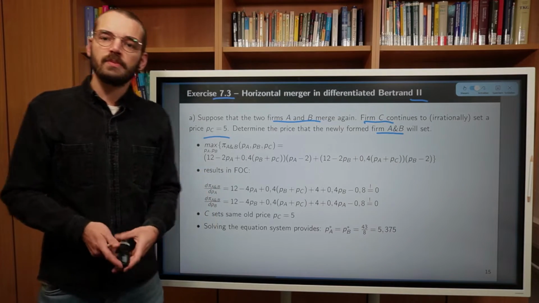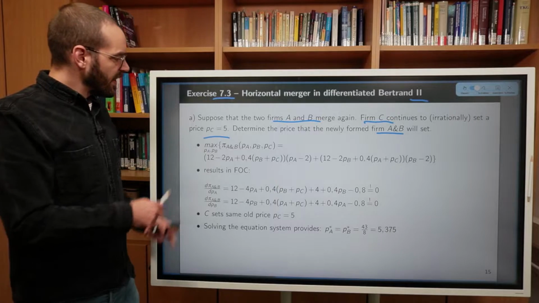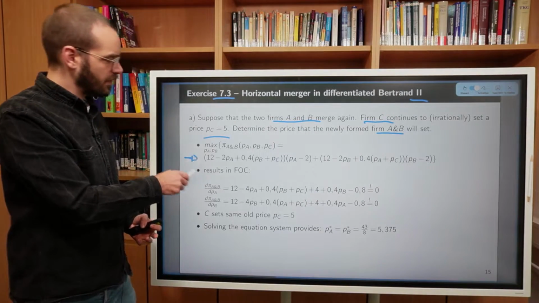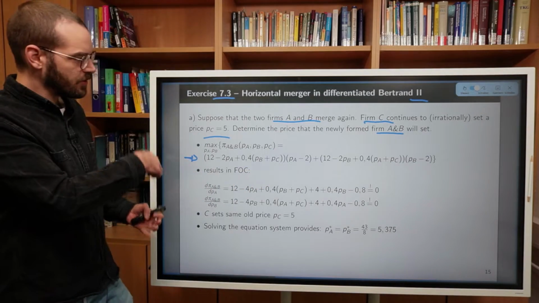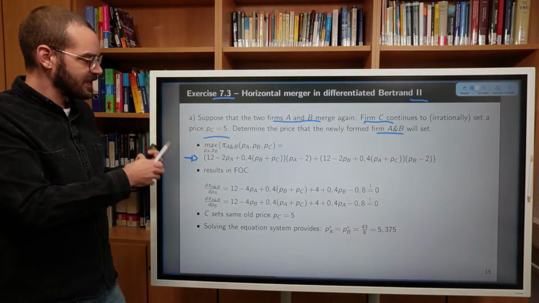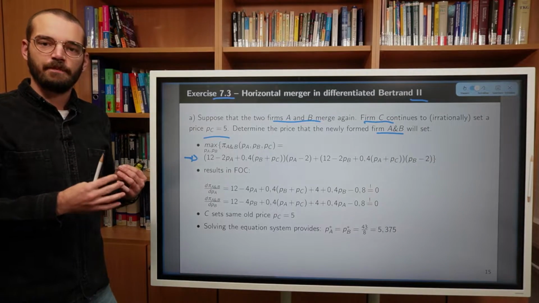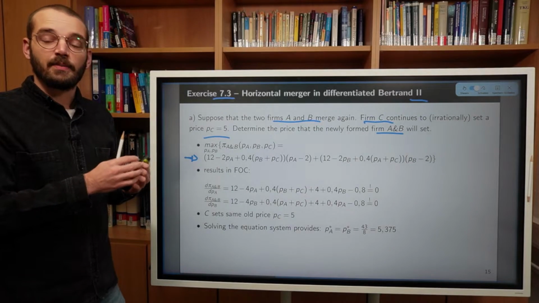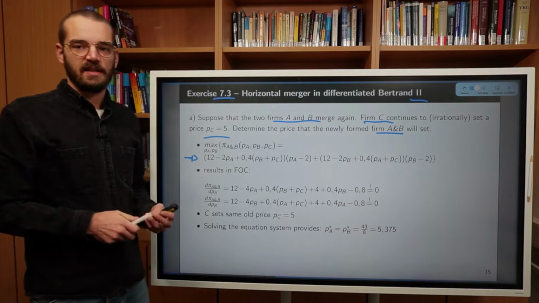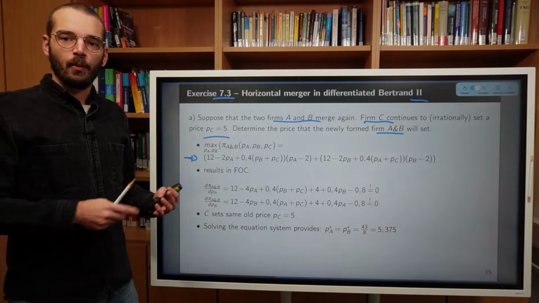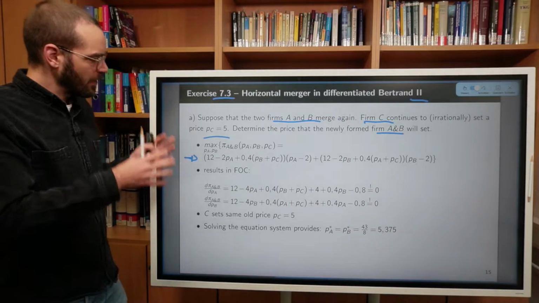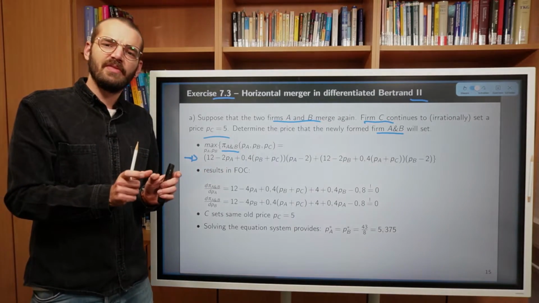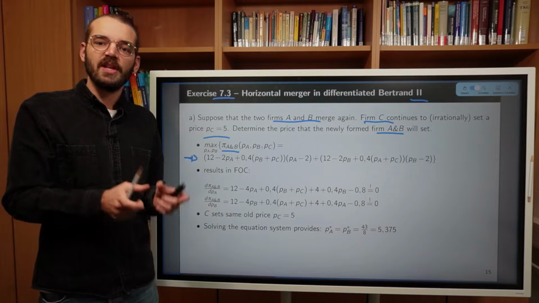In this world post-merger between A and B, we have the profit function of firm A and B as written on this slide. I'm not going to read it out, simply because it follows the same logic as the profit function in the previous exercise 7.2, where we find the profit function of the merged firm by adding up the individual profit functions of the merging firms.